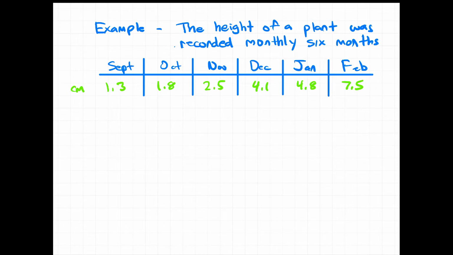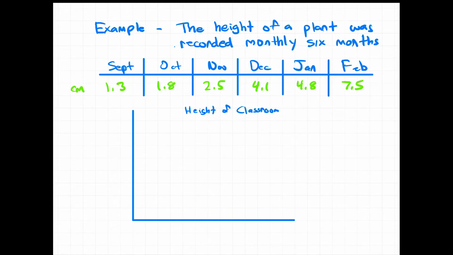So same thing, I need to start off with my axis going straight up and down and the axis moving over to the right. Okay, and now we have to give it a title. So what is the title of this going to be? Height of classroom plant.